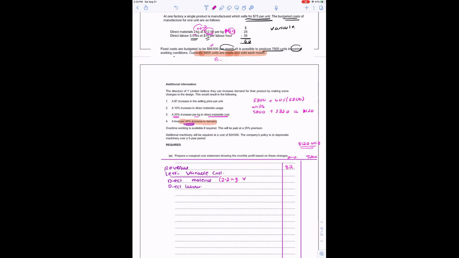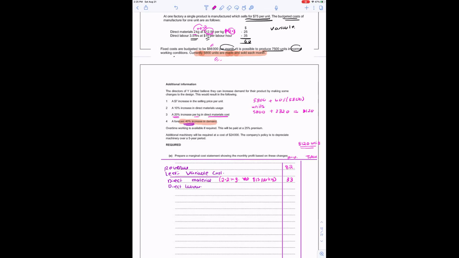So it would be $15 per kg. So your direct material cost would be 2.2 into $15 per kg. It is $33 per kg. Direct labor.